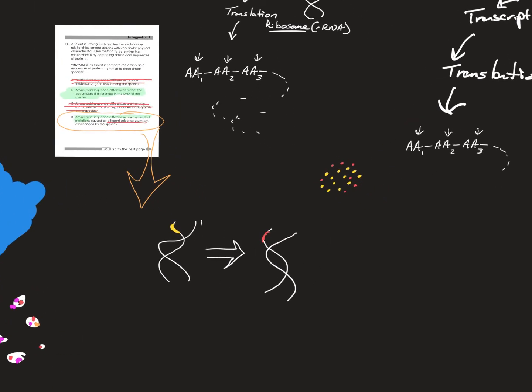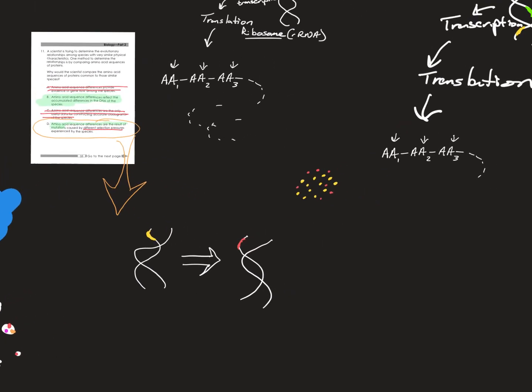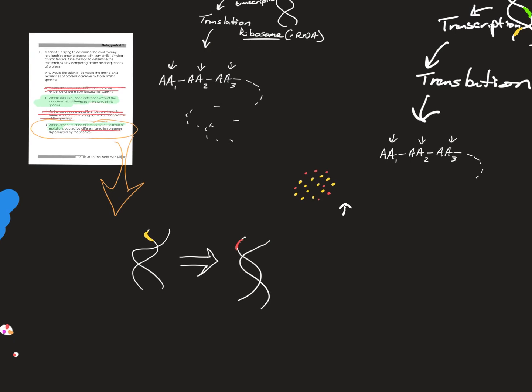So that's mutation. Mutation increases genetic variability. It increases the differences among individuals in a population, right? But then something happens.